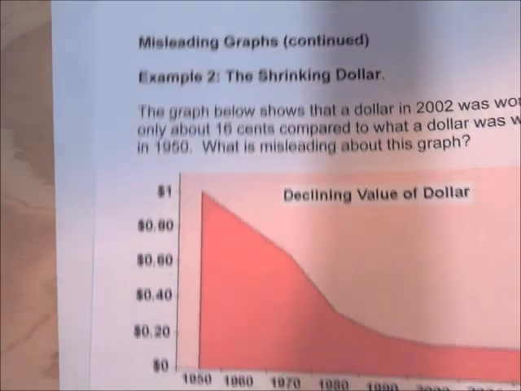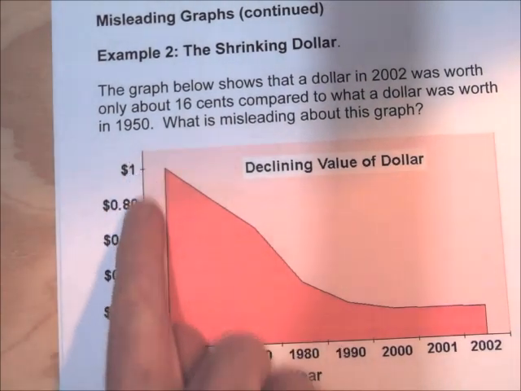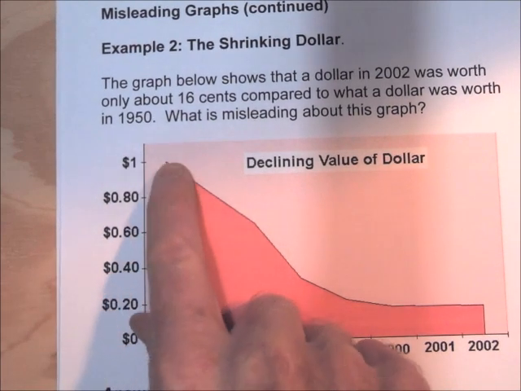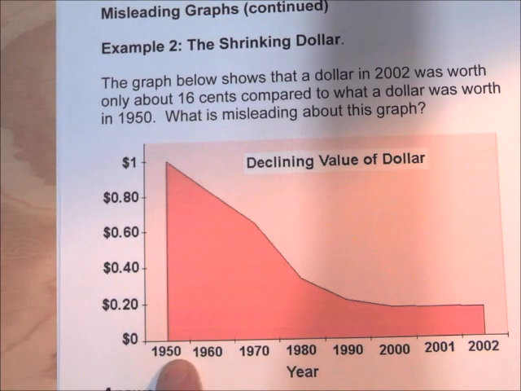Okay, another example of the declining value of the dollar. On the vertical scale of this graph, a dollar in 1950 could buy a dollar's worth of goods.